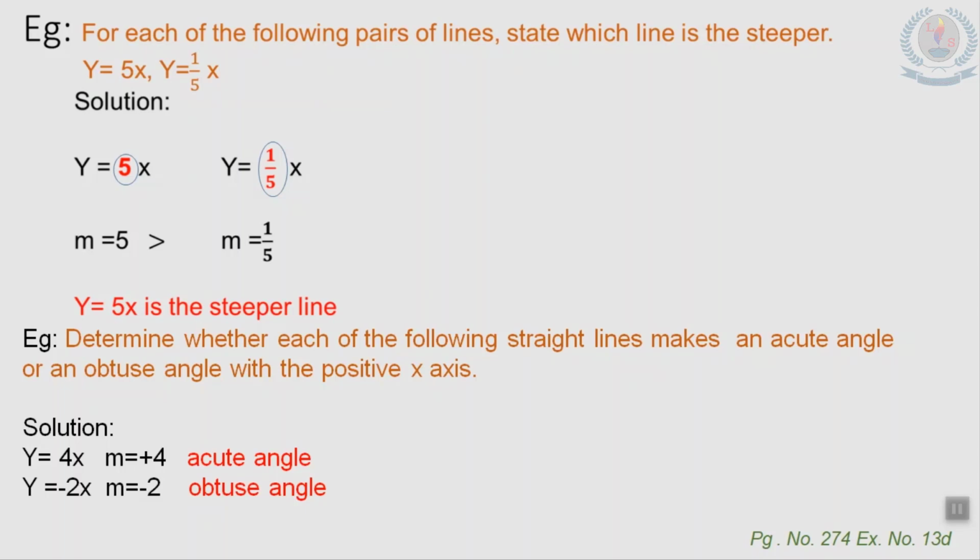The gradient is positive 4, and with a positive gradient the line makes an acute angle. Next, y equals minus 2x. The gradient is minus 2, so with the positive x-axis it makes an obtuse angle.